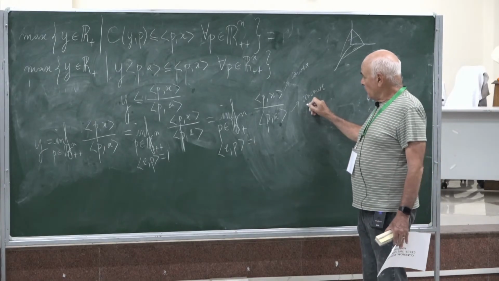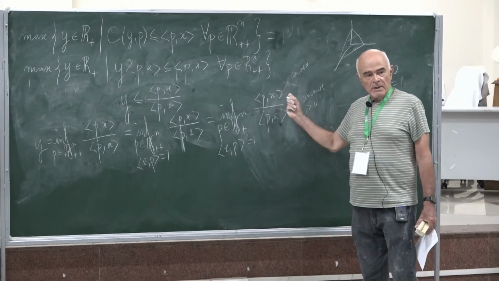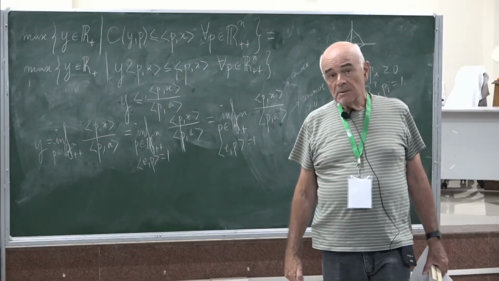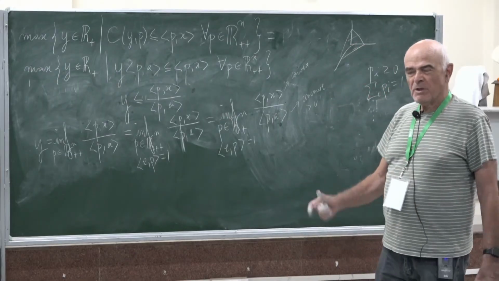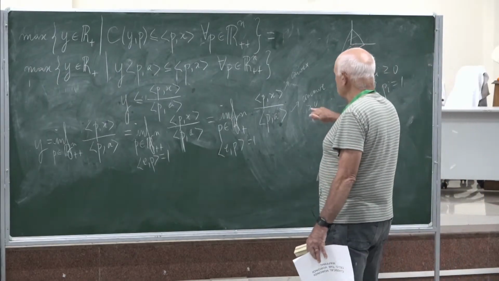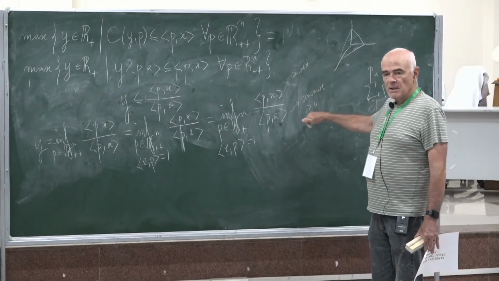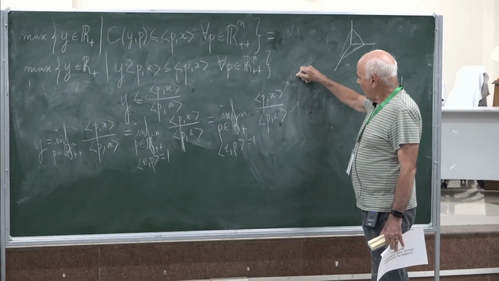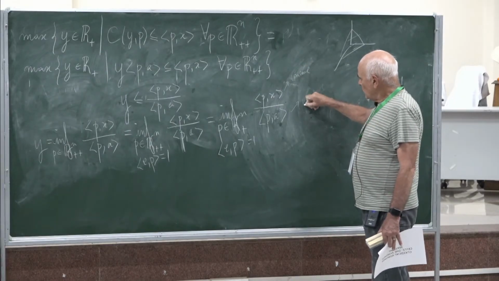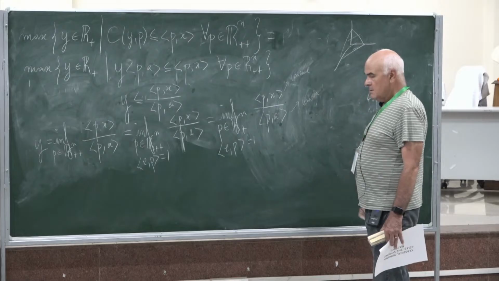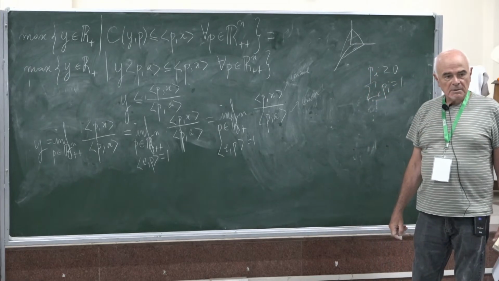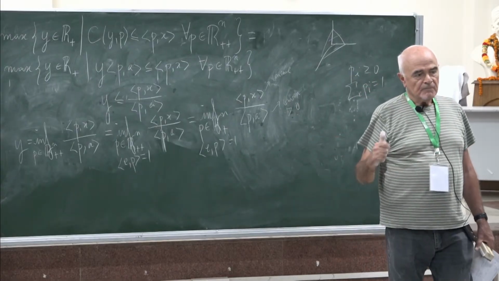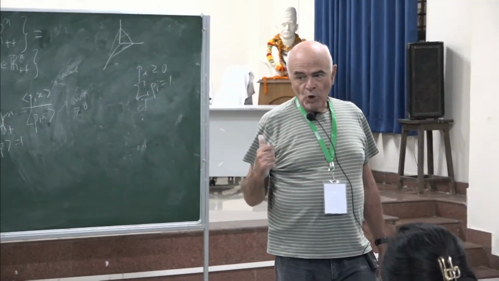Concave and positive, of course. So convex over concave, we proved that this is quasi-convex. I don't like this. So instead of looking at this as convex and the other as concave, I look at this as concave and this one as convex. This is the right way of looking at it. Then this function is quasi-concave.